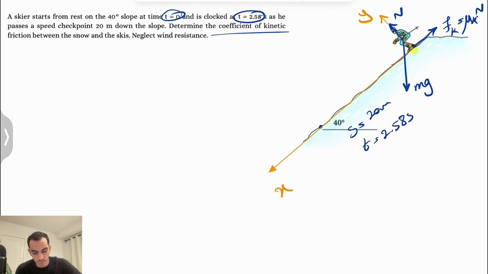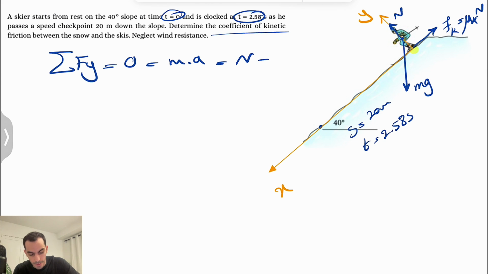That's pretty much all the forces, and we can start with the sum of all forces in y equals 0, since we only move in x and there is no movement in the y direction.